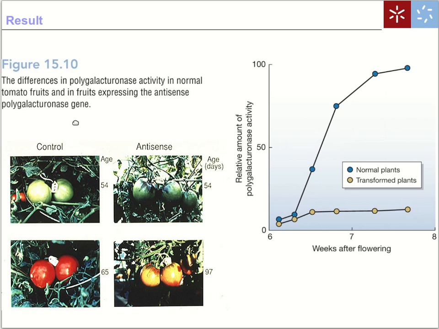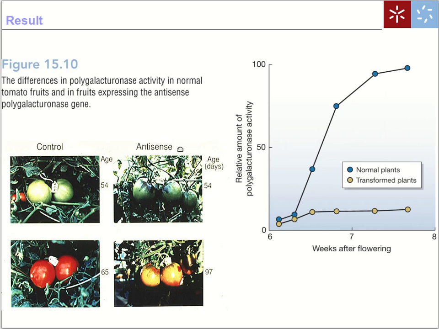This gene silencing was proven to work. You can see here the control, the unripe tomato, and a ripe red tomato. This is the control, so this is the normal tomato.